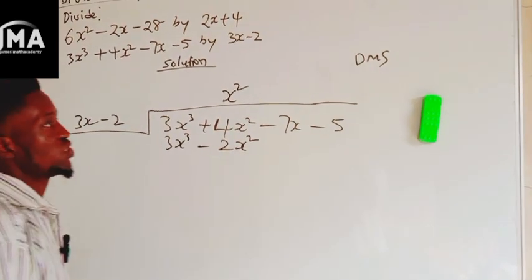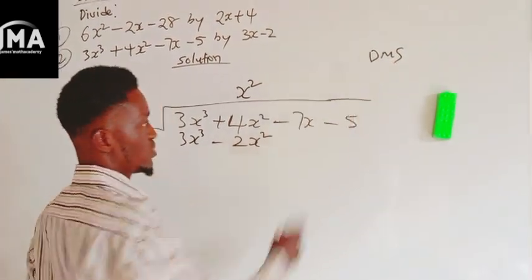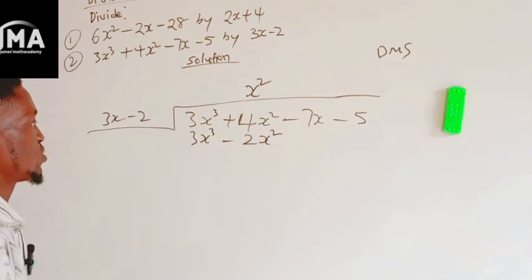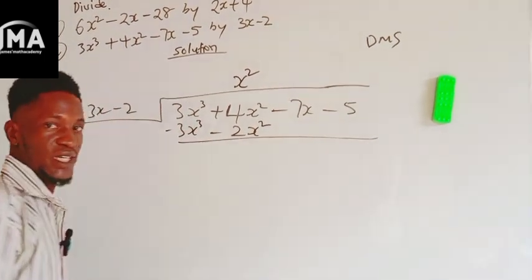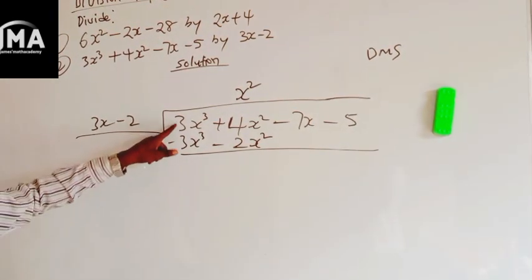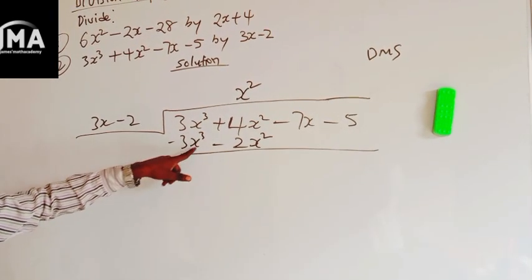So after multiplication, we go to our subtraction. In our subtraction, what are you supposed to do? You roll your 9 and put minus there, isn't it? So this minus 3s cubed, minus 3s cubed is 0.